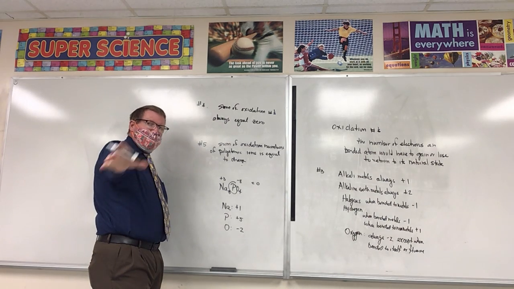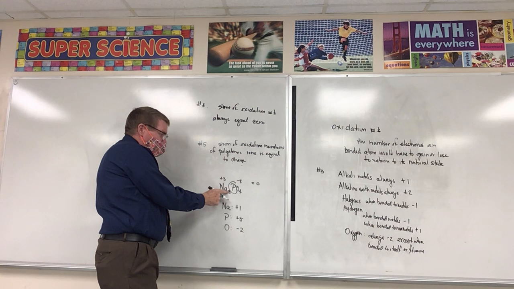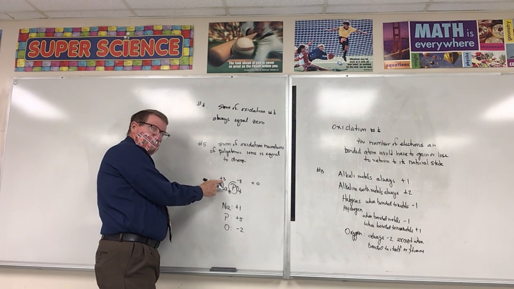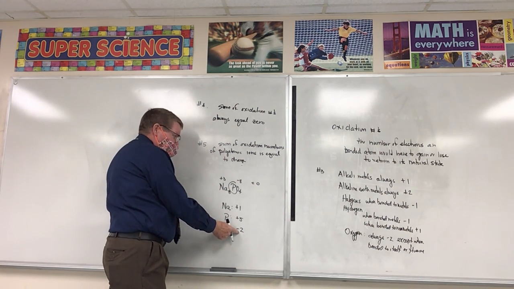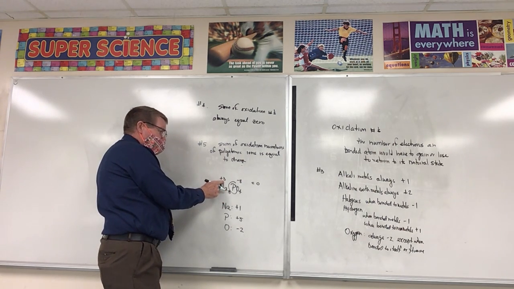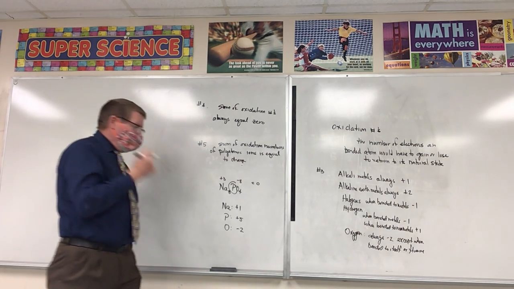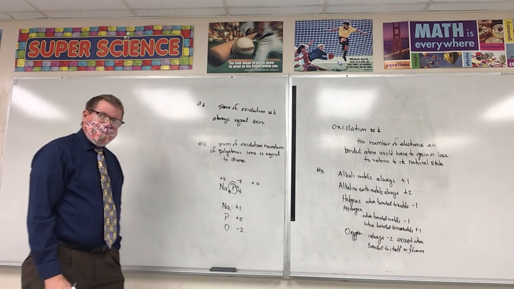So when you add them all together, it's going to equal 0. If I know sodium is +1, and I have 3 of them, that's a total of +3. Oxygen is -2, and I have 4 of them, that is -8. -8 and +3 is -5, so what do I add to get 0? +5. Okay?